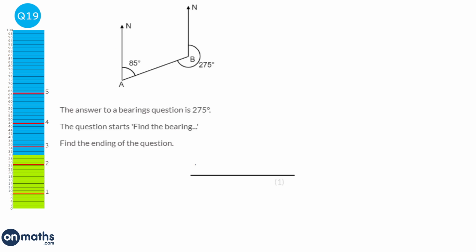Bearings questions are normally written as find the bearing of destination from a location. So you can see in this question here that the answer is 275. So the line they're taking it from is this north line, and they're looking at this bearing here.